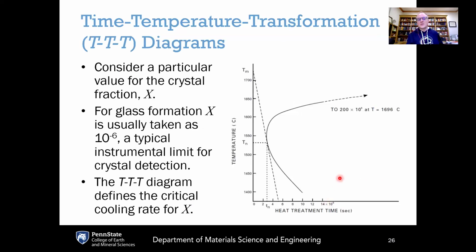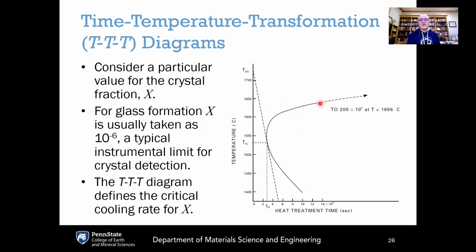And we can solve that equation at different temperatures. So for different isothermal holds at different temperatures to get what population of crystals that we would expect for different times.